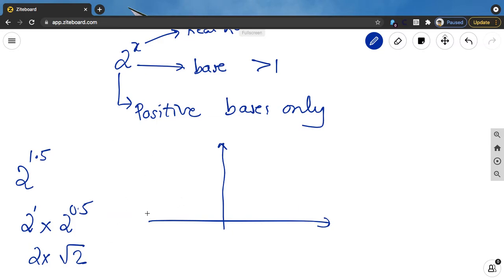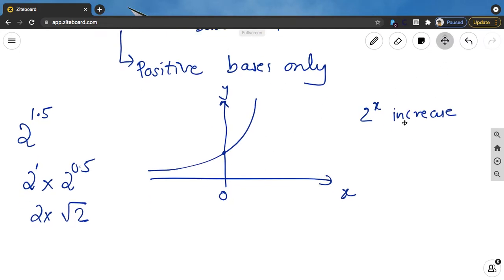If we look at the graph, it simply appears like this. It's easy to understand that at x equal to 0, 2 raised to 0, or anything raised to 0, is 1. As x becomes more and more positive, 2 raised to x will start increasing. And on the left hand side, when x is negative, let's look at some of the values.